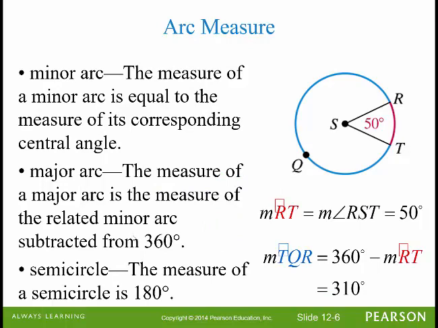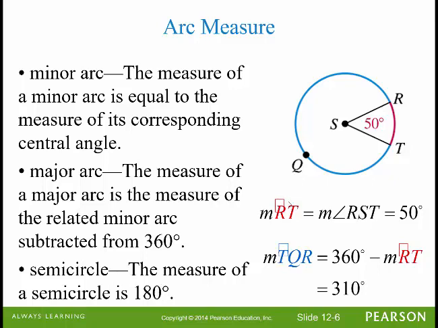Let's talk about some arc measures. The measure of a minor arc is equal to the measure of the corresponding central angle. What I'm saying here is that the measure of this arc is equal to the measure of the corresponding central angle. The measure of a major arc is the measure of the related minor arc subtracted from 360. So it's the leftover part. And remember, the measure of a semicircle is 180 degrees.